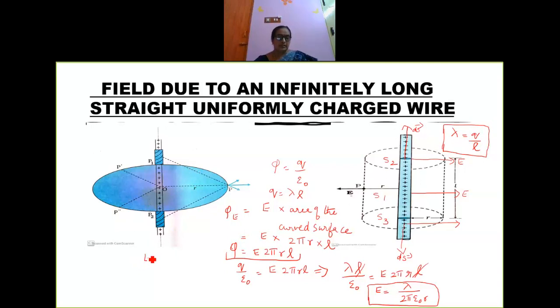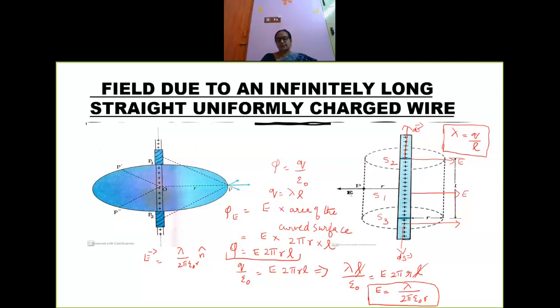Okay, so E vector can be written as lambda by 2 pi epsilon naught R into unit vector n. What is this unit vector? N vector is the radial vector in the plane normal to the wire, which is passing through the point.